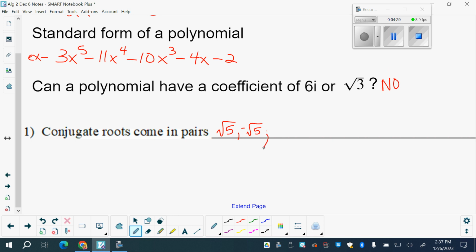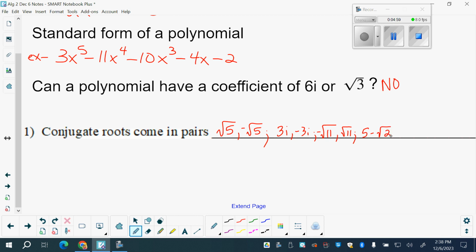Another example would be, say, 3i and what? -3i. Negative square root 11 and what? Positive square root 11. This one we have not done one like this, but we can have terms that look like this, say 5 minus square root 2.